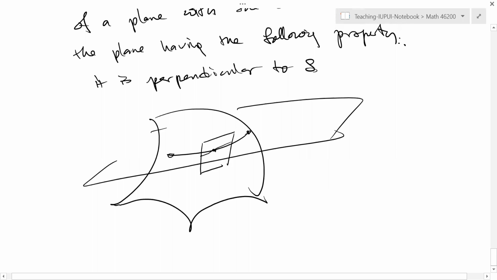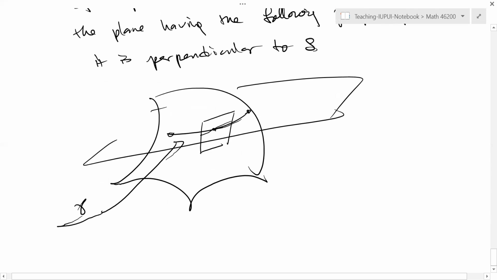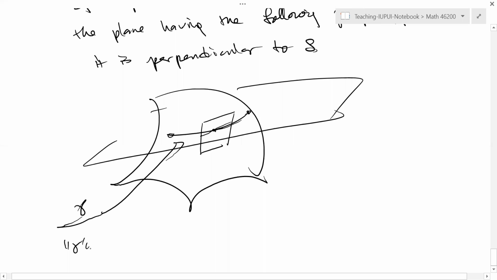All right, so let's look at this. This is the intersection, so we parameterize by gamma. We can assume it's unit speed, for simplicity.